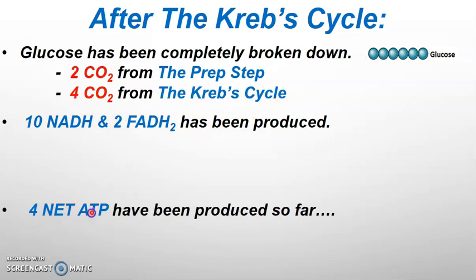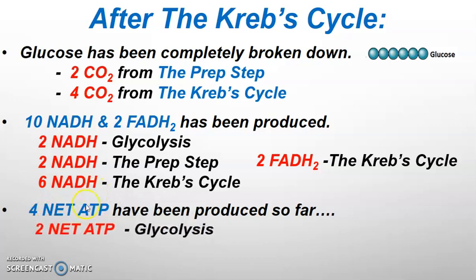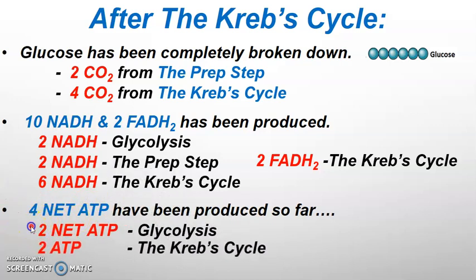If I jump down here, after I bring all this information up, we only walk away with 4 net ATP so far. 2 net from glycolysis. Remember, you have to subtract the cost of glycolysis, which is why it's only 2. And only 2 ATP here from the Krebs cycle. So we only got 4 ATP so far.